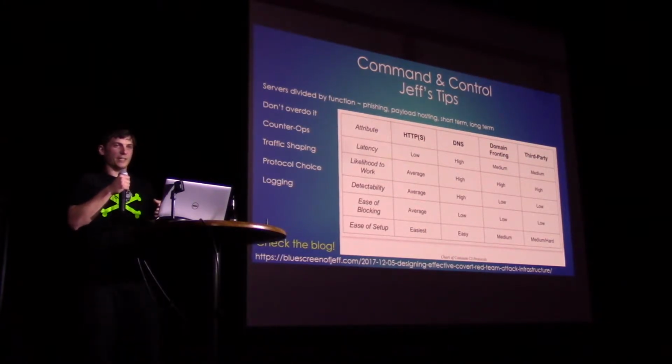Third-party command and control, these are the really sneaky, tricky ones. I don't know if anyone saw, I think this summer there was a big post about someone running their command and control off Britney Spears' Instagram comments.